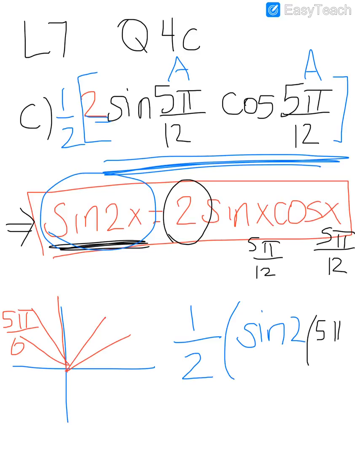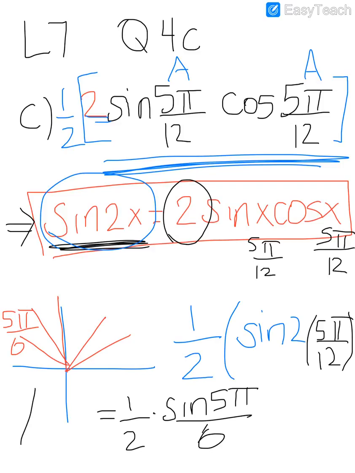From here, that would be equal to 1/2 times the sine of 2 times 5 pi over 12, which is the same thing as 5 pi over 6.